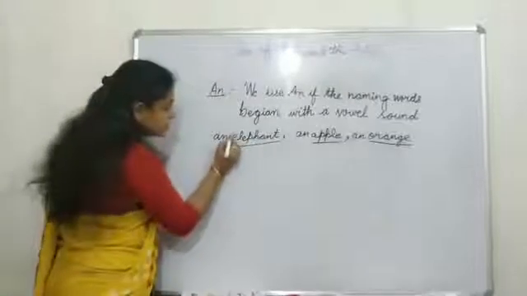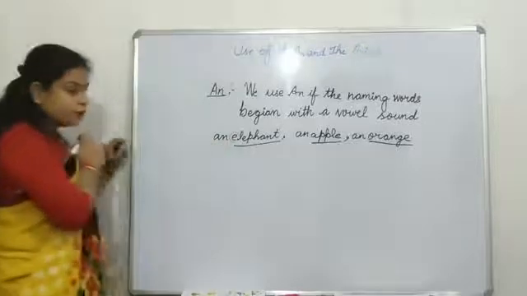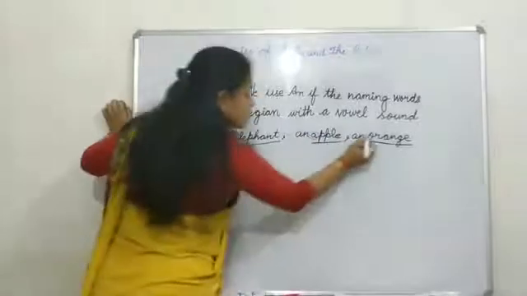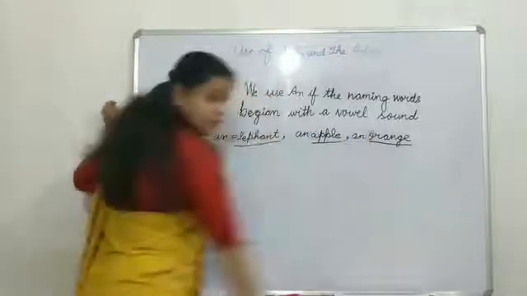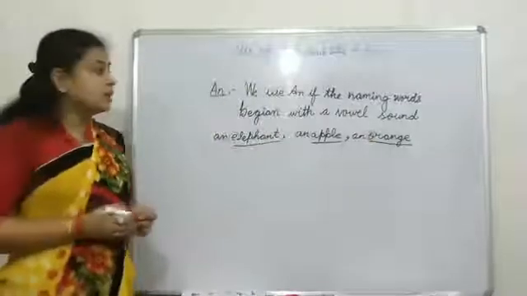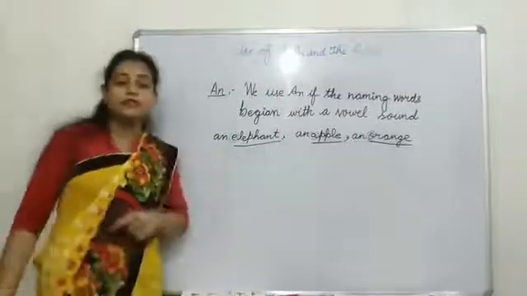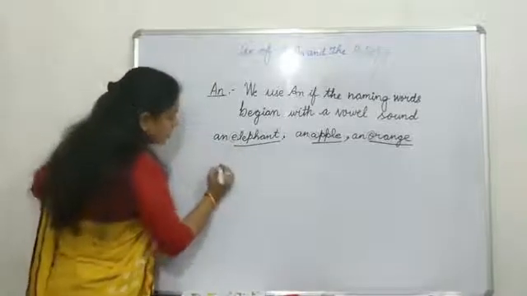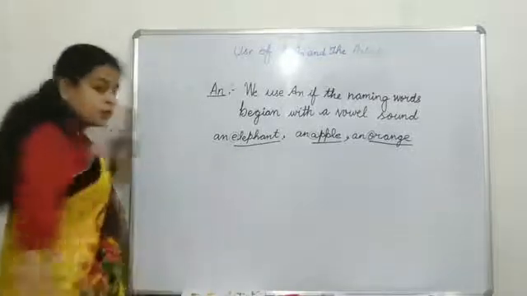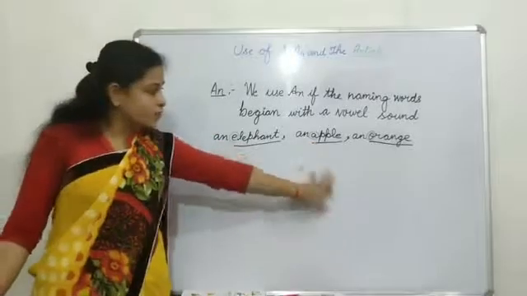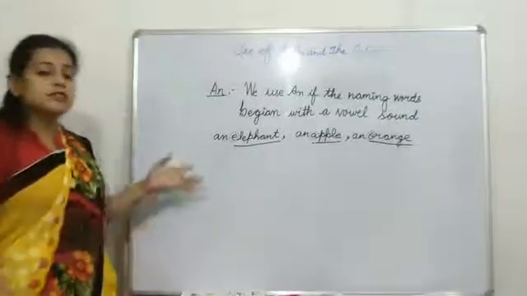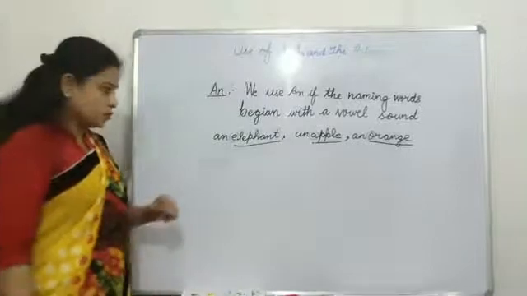As you can see, E is a vowel, A is a vowel, and O is a vowel. So we use an if the naming word begins with a vowel sound.